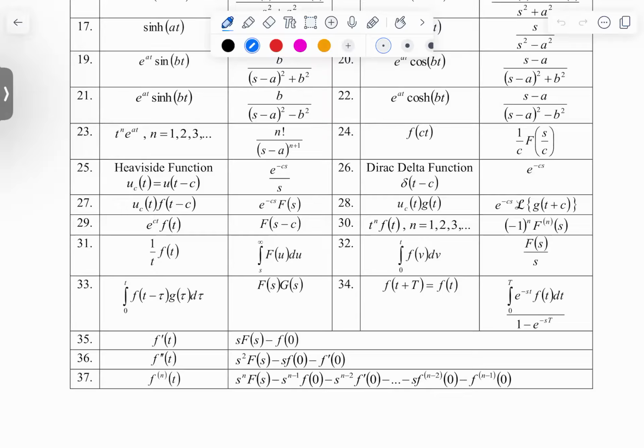So we're going to use some combo of 30, because I have t times g, but then I end up having to take a derivative, and these ones, 35, 36, and 37, become very important very soon, as we're going to see.